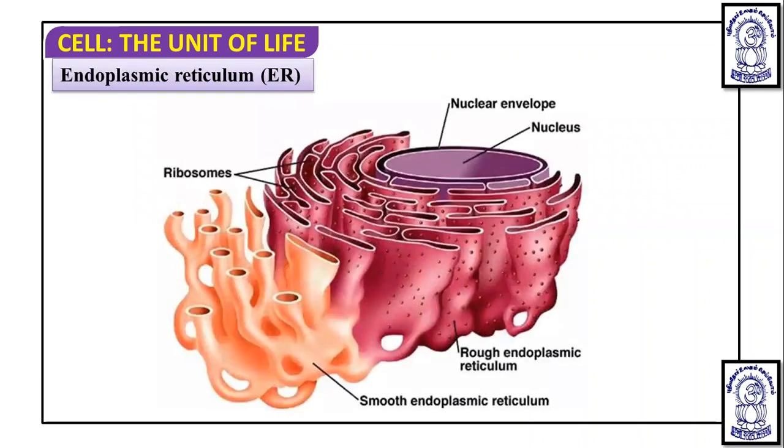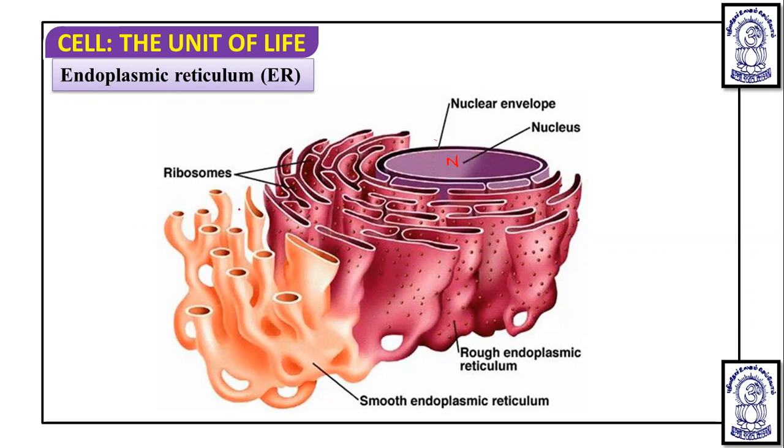See, when we see the endoplasmic reticulum within the cytoplasm of a cell, it looks like this. In this electron microscopic diagram, this is the nuclear envelope and this is the nucleus, and the outer membrane of the nuclear envelope extends and forms this network of parallel structures.